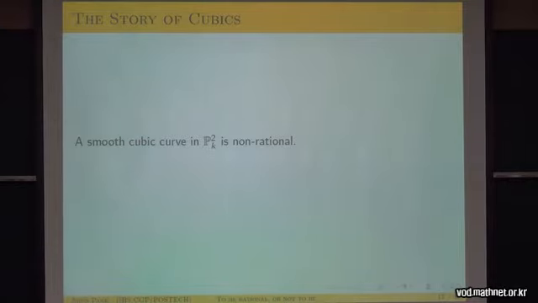But for a cubic, I said smooth cubic, so you don't have double points. So you have three points playing with each other. Even though you can fix one point, you still have two. You cannot handle the two points at the same time, in a simple way.